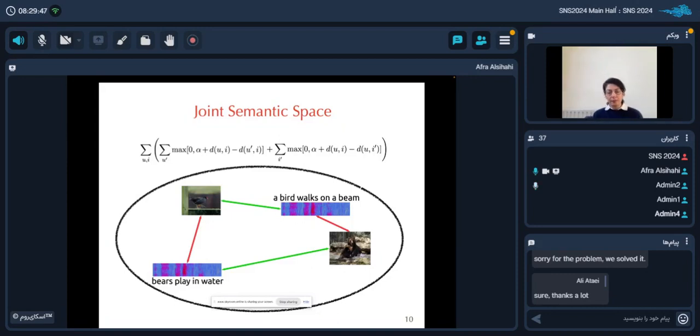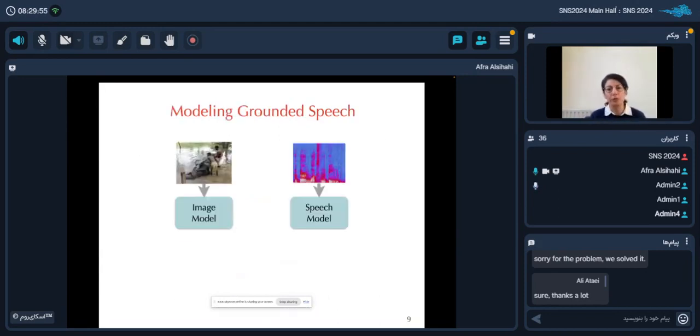Okay, so these models, as I said, this particular architecture has been implemented with different kinds of image models and different kinds of speech models. We have models that use recurrent neural networks, for example, for processing the language part, and convolutional neural networks for processing the image, or any other kind of architecture. More recently, we are talking about transformer architectures, if you are familiar with them.